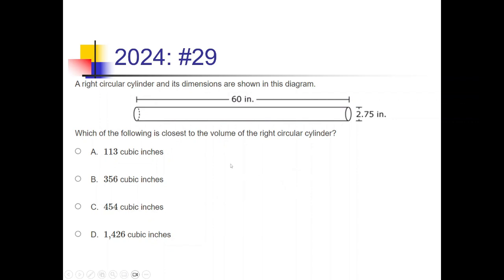It's V equals pi r squared times h, which, if you forgot the formula, is basically just taking the area of the circular base and multiplying it by the height. In any case, we need to figure out what we're plugging in. R is going to be the trickiest part because we want half of this 2.75 diameter that they're giving us. So let me go to the calculator and see what half of that is.